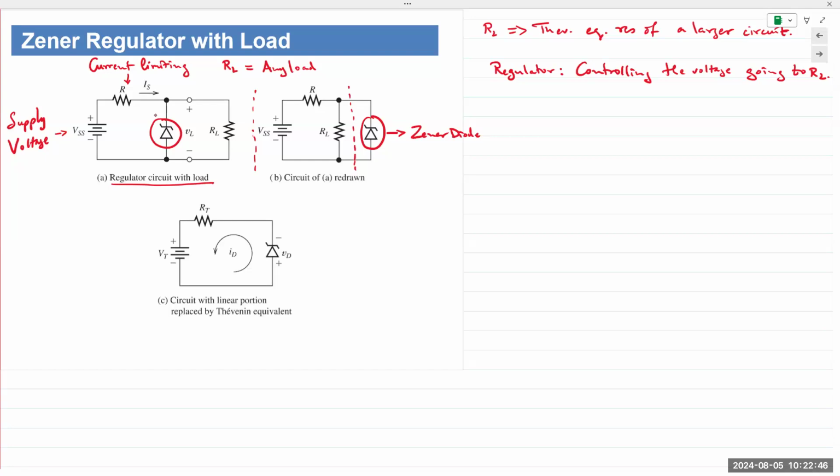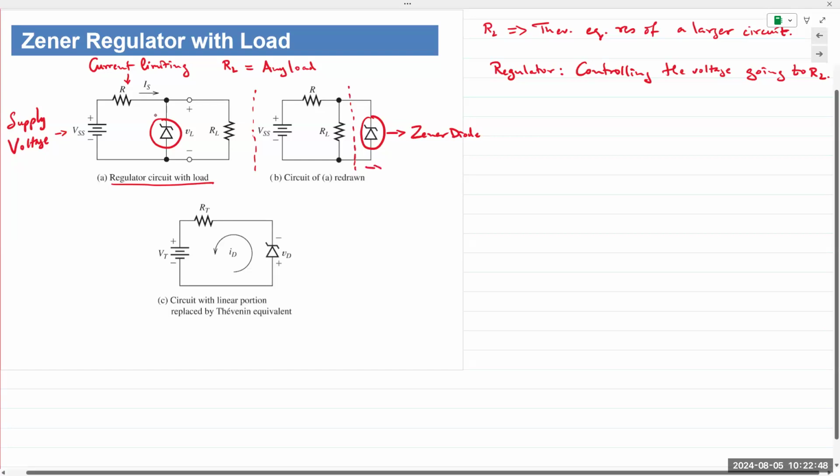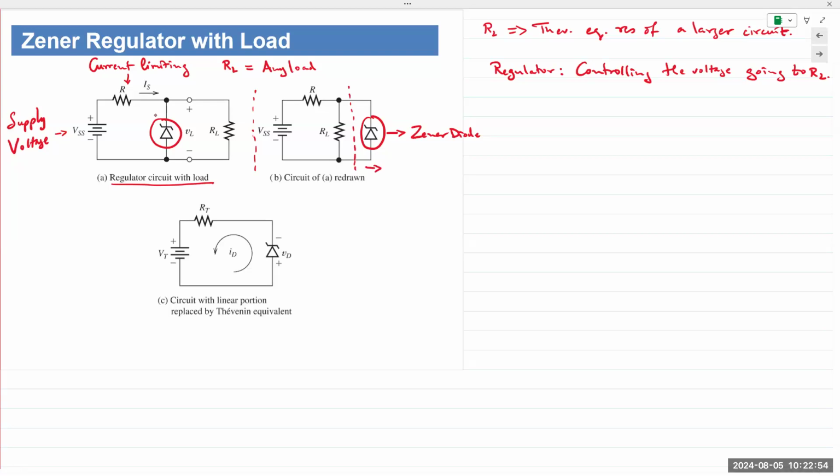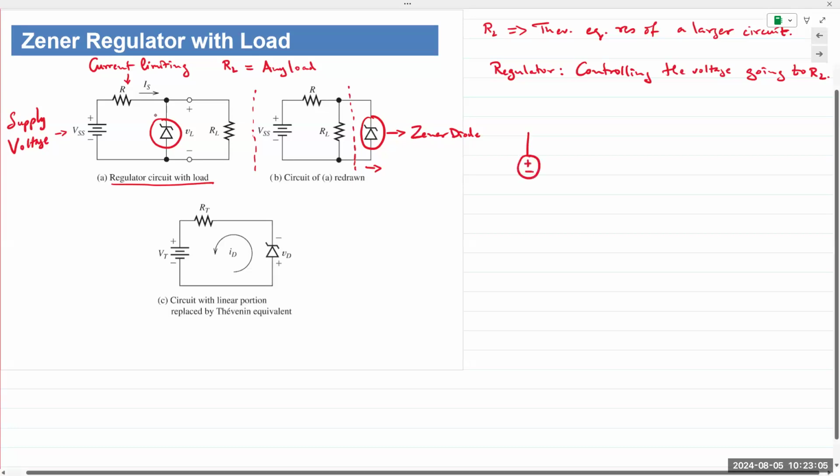Right? So we brought the Zener diode to the outside. They are in parallel, so it doesn't really matter how we draw out the circuit. Electrically speaking, that's exactly the same thing. So we brought all the linear components inside. Now our linear circuit looks like this. And instead of the battery, I'm going to draw out this symbol for the power supply.